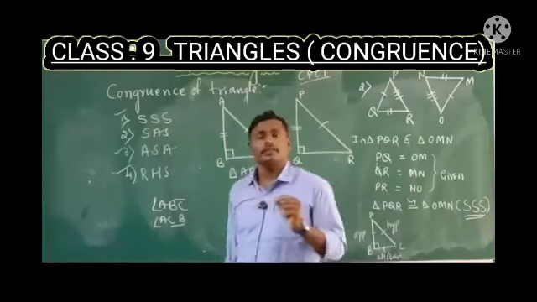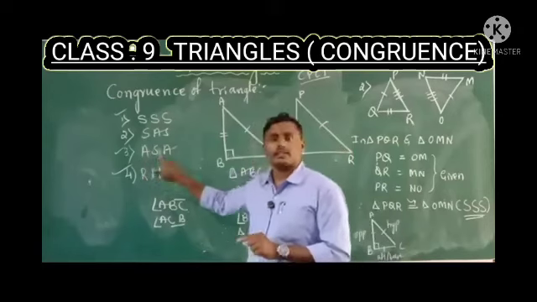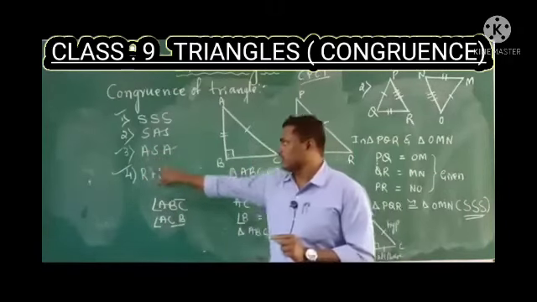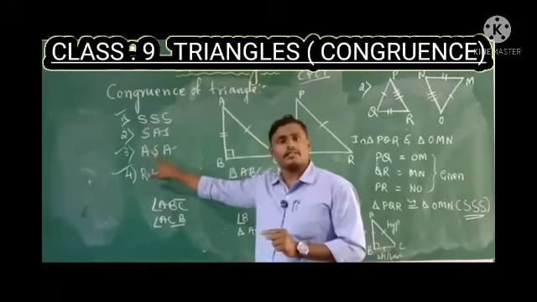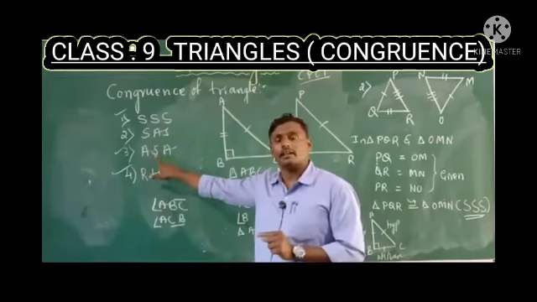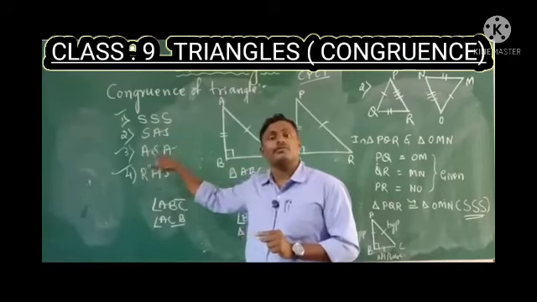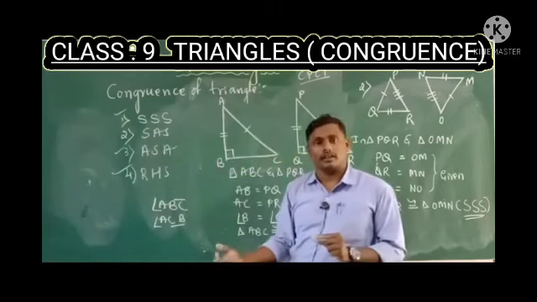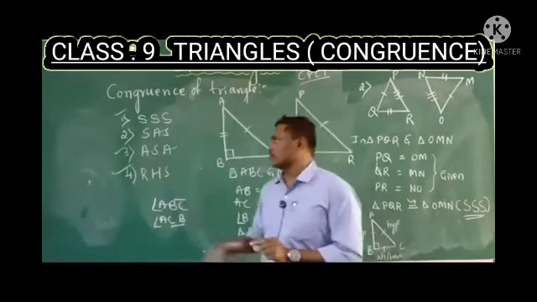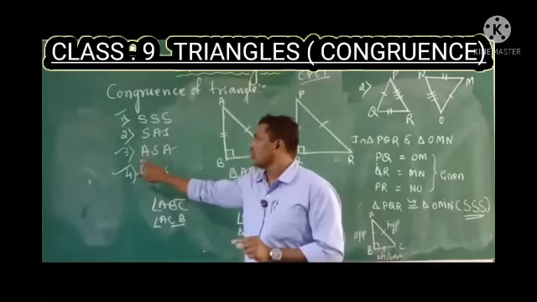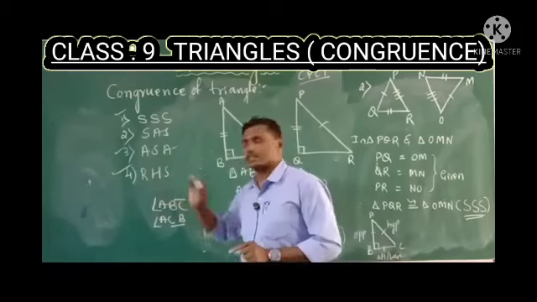Next, third one, ASA. Again, if two angles and the included side of one triangle are equal to two angles and the included side of another triangle, then the two triangles are said to be congruent by using the criteria ASA. And the last one is RHS.